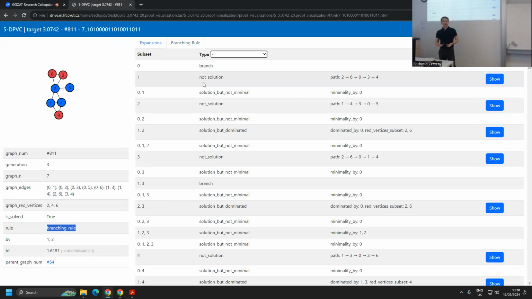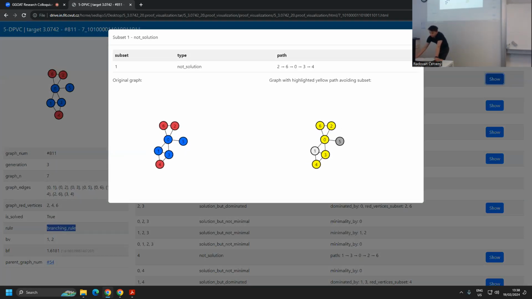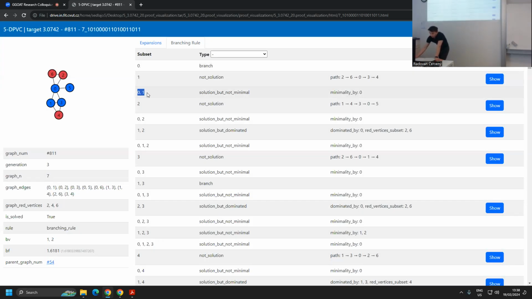What I have to do is, for each subset of vertices, tell you what's with the subset. For example, subset 1 is not a solution, and I can show you the path. Sure. 0 and 1 is a solution, but it is not minimal because 0 is a branch, so 0 and 1 is not minimal, and so on and so on.